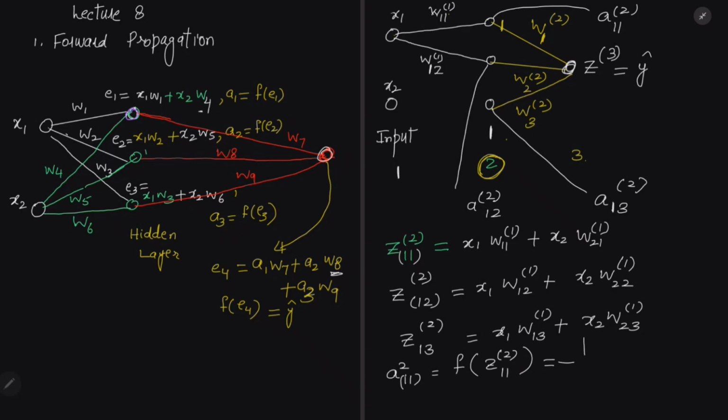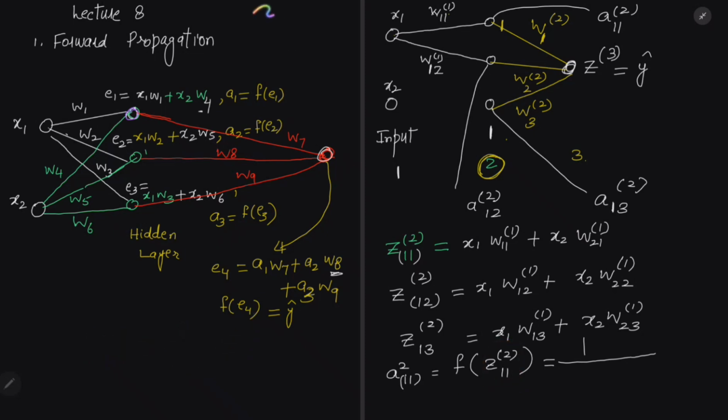Now here we apply, for example, the sigmoid function. How is the sigmoid function defined? It is defined like this: f of z is equal to 1 over 1 plus e raised to power minus z. So it means that we need to put this value into that value in z.